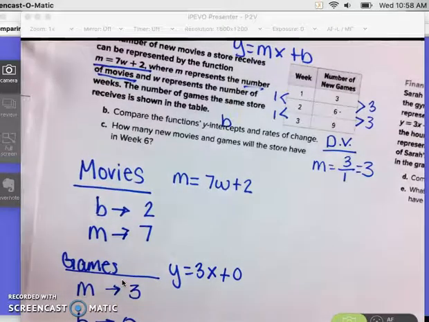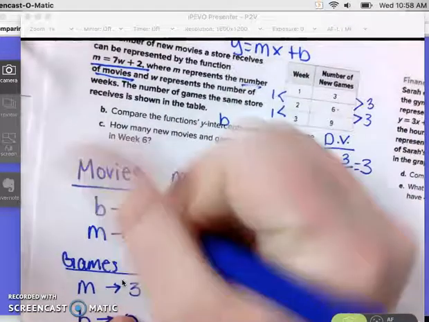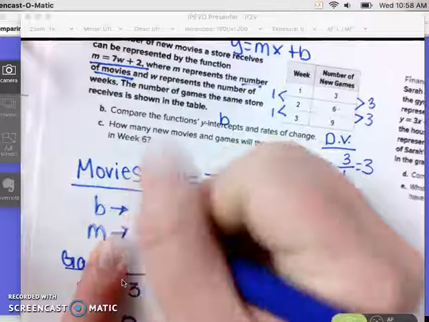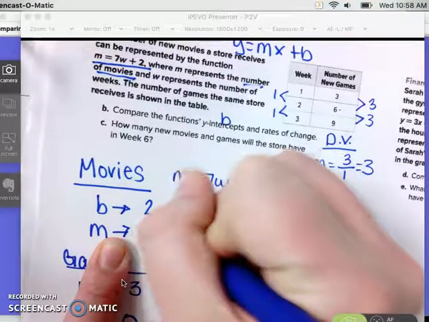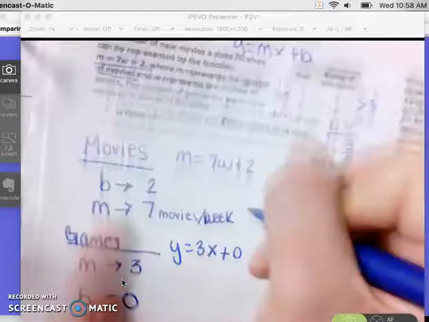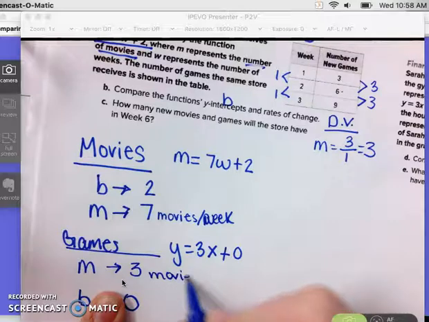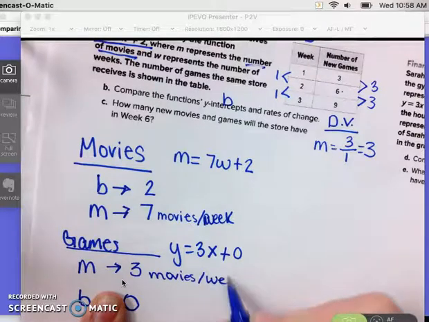Okay, so comparing, the store gets, and I should have done this, but 7, if I were to say movies per week, this one would be 3 movies per week.